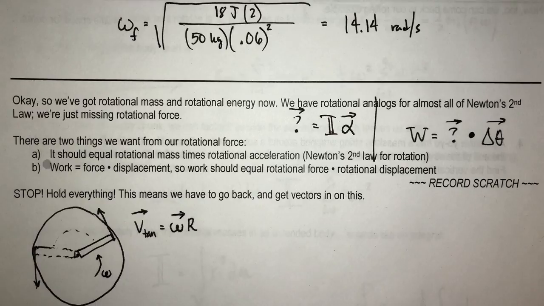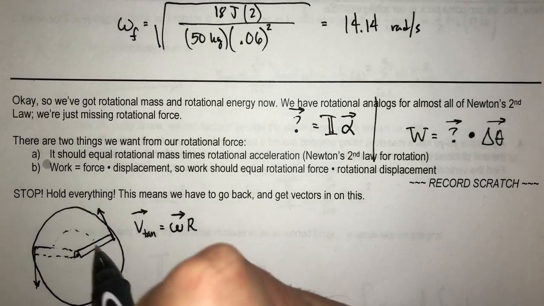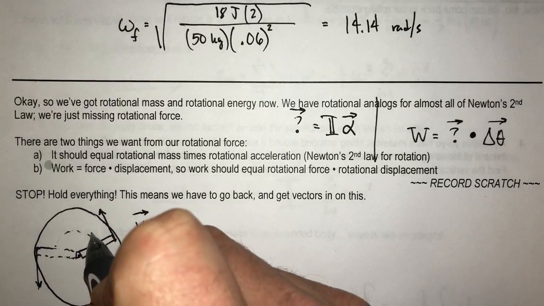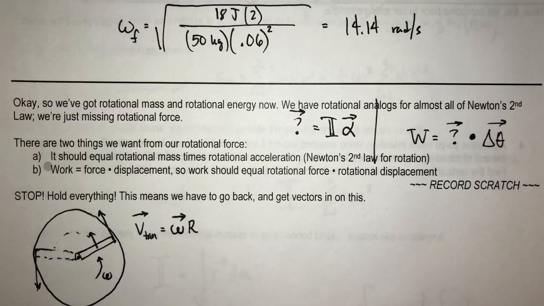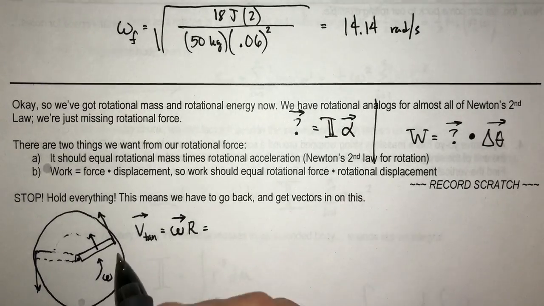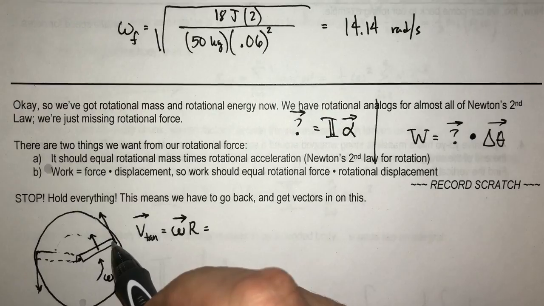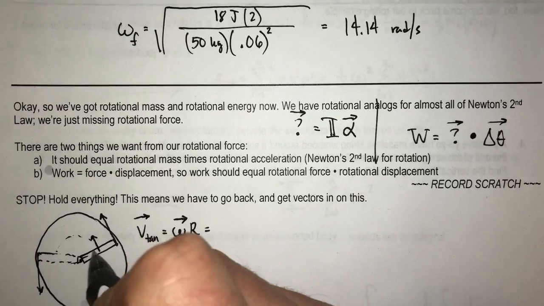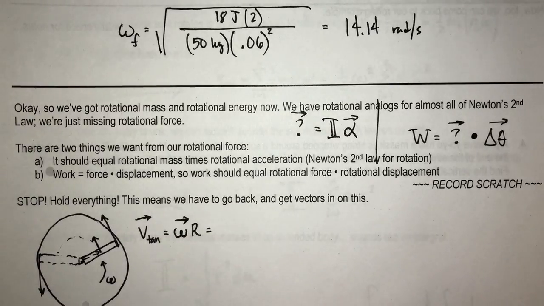Okay. Now, what if we talked about a point halfway along this object? And you did this calculation on the previous worksheet. It's not the entire distance away from the axis. It's just the distance to where we are.